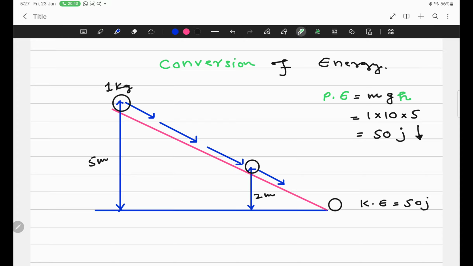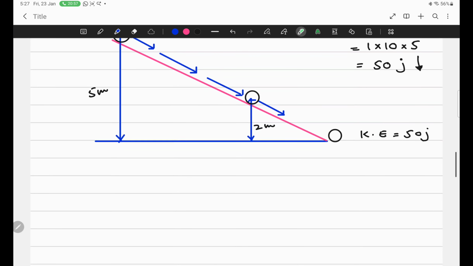Sir, initial potential energy was 50 joule. So this potential energy is converted into kinetic energy. When any object moves down, it loses potential energy. So I can write for downward free fall motion.